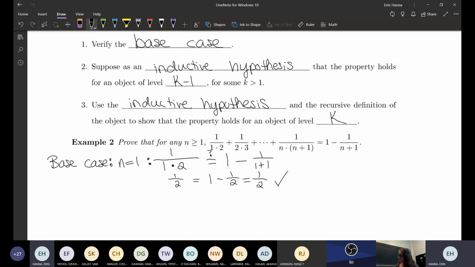That piece was always there, it just didn't look like it until I wrote it out. But once I break it up like that, I've found my inductive hypothesis. The point in this step is to take what you want, find the inductive hypothesis in it, and replace it with the other side of the inductive hypothesis.